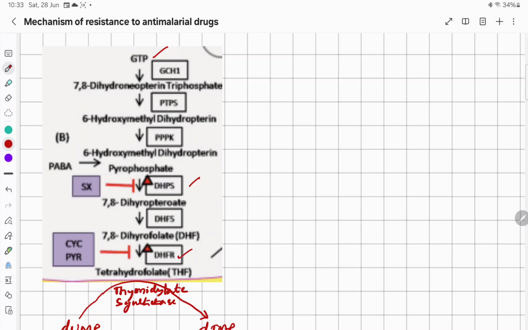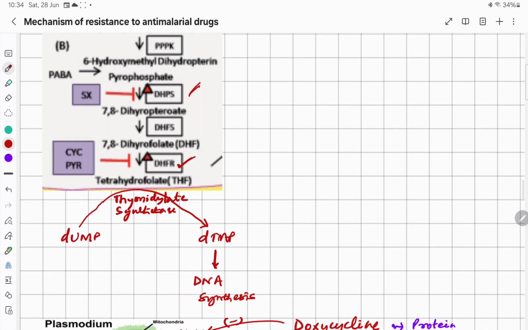So the sulfonamides inhibit DHPS, and drugs like cycloguanil, proguanil, and pyrimethamine inhibit dihydrofolate reductase. And tetrahydrofolate acts as a coenzyme to the enzyme thymidylate synthase, which converts deoxyuridine monophosphate to deoxythymidine monophosphate, which is required for DNA synthesis.